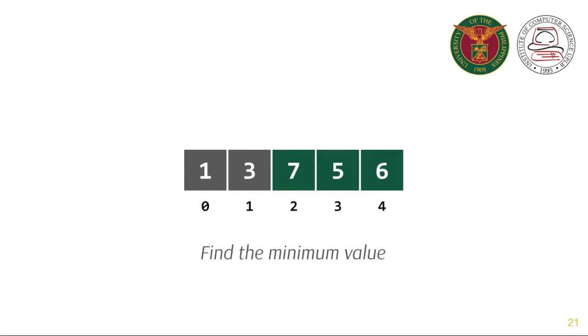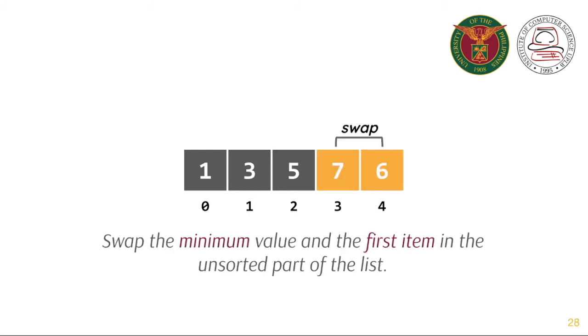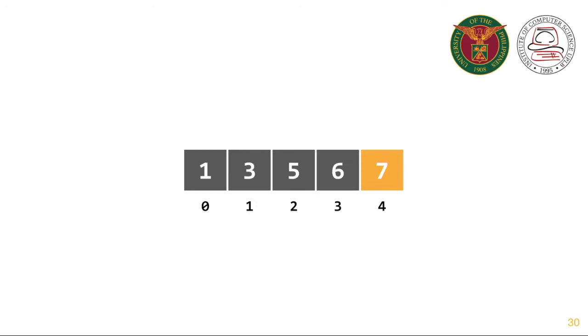Next is to find the minimum value again, which is 5, and then swap. 5 is sorted. Find the smallest value, which is 6. Swap 6 and 7. 6 is already sorted. And then since 7 is the only one remaining in the unsorted part, 7 is also sorted.